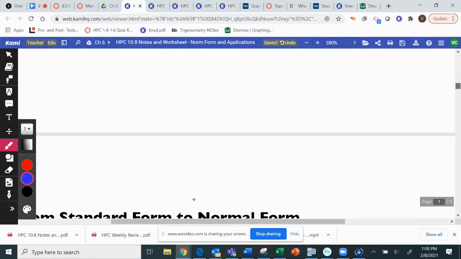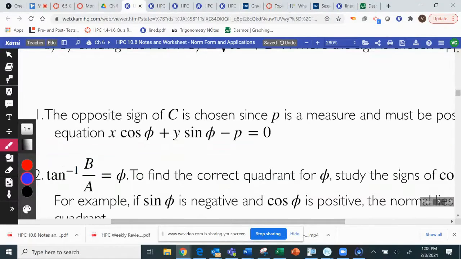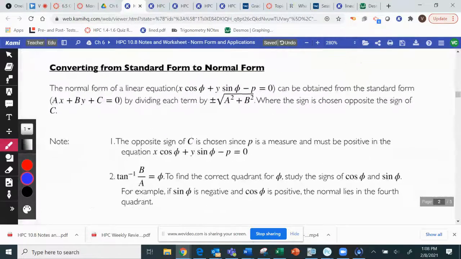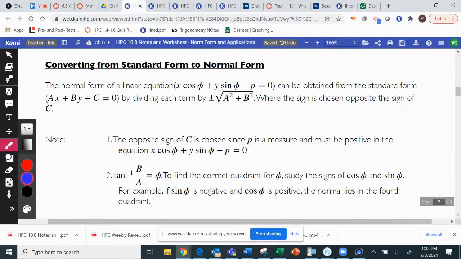The reason that sign does matter is that if we're going to convert from standard form into normal form, then we need to know the sign of the C. The sign of the C is going to determine what we divide each term by.